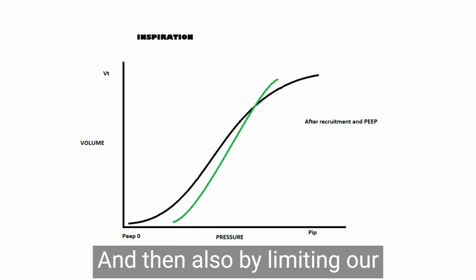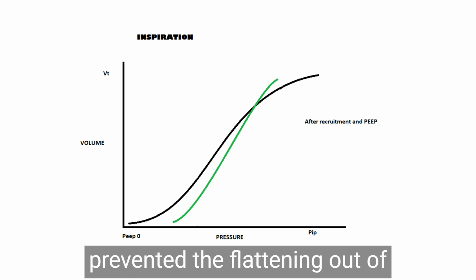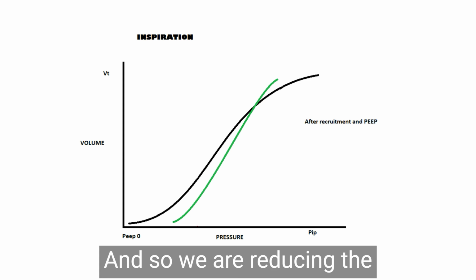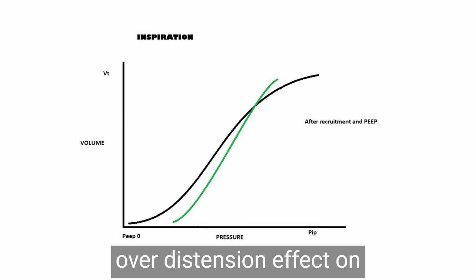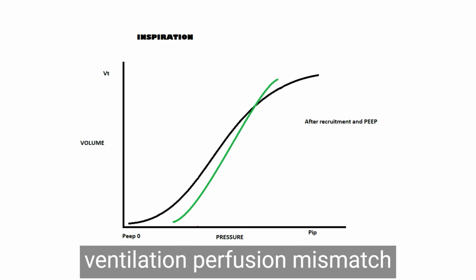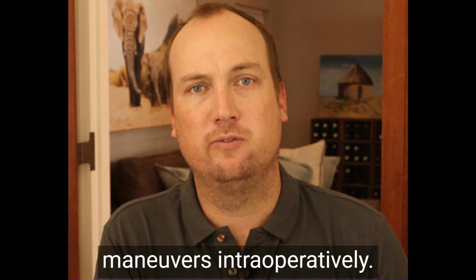And then also by limiting our peak airway pressure, we have prevented the flattening out of the curve in the top right corner. And so we are reducing the over distension effect on the alveoli that results in ventilation perfusion mismatch.